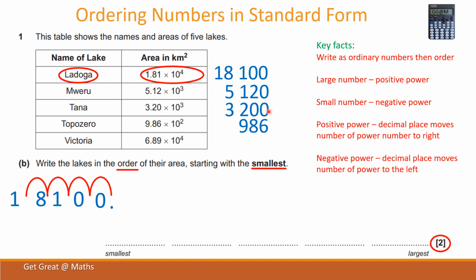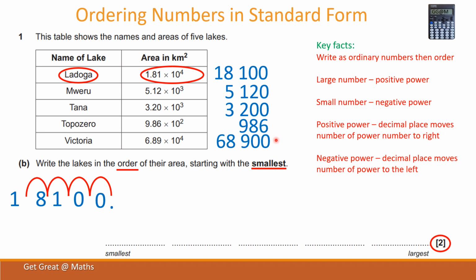The next one is 9.8986 times 10 squared, so the 9 and the 8 is where the decimal point was between, moving 1, 2 places over gives you 986. And the last one is 68,900 because the decimal point has moved from between the 6 and the 8, 1, 2, 3, 4 places.